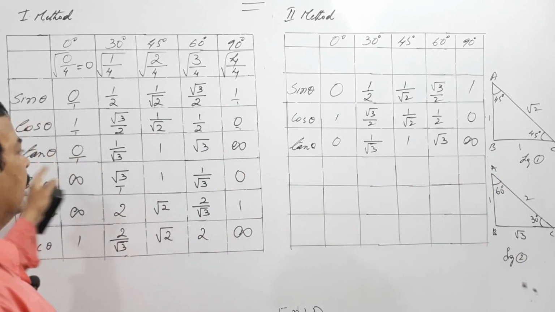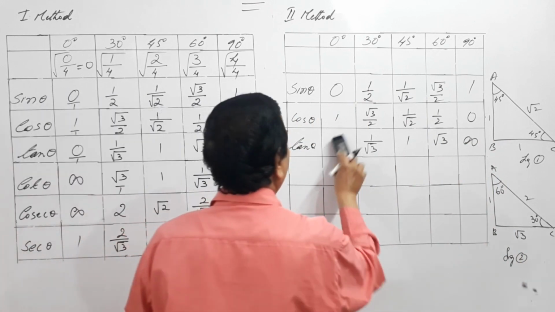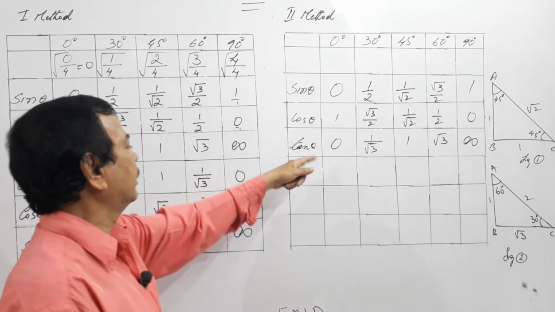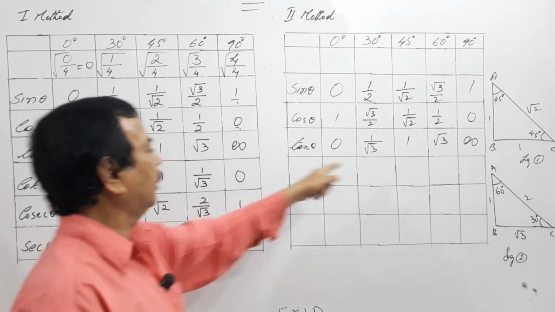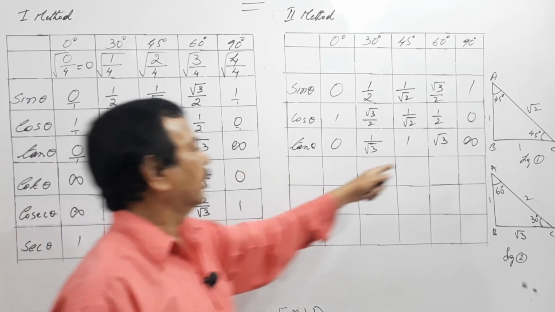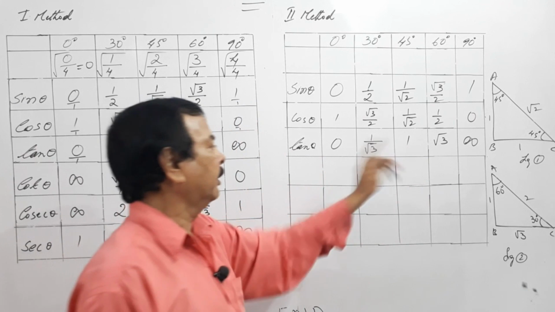Check it: tan 0 is 0, tan 30 is 1 by root 3, tan 45 is 1, tan 60 is root 3, and that is infinity, got it.